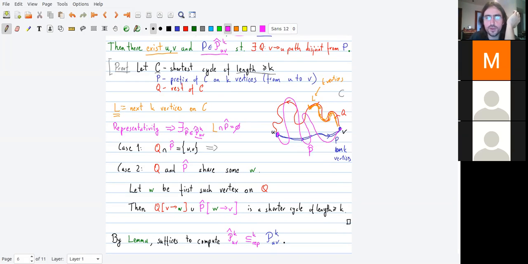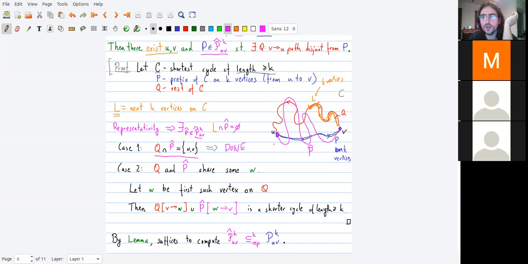So now there are two cases. Maybe we are super lucky, and we have the case that is not the case that I just drew on the picture, namely that this path P hat is actually already disjoint with all of Q. It doesn't intersect this remainder of Q after L. In this case, it's golden. We are done.